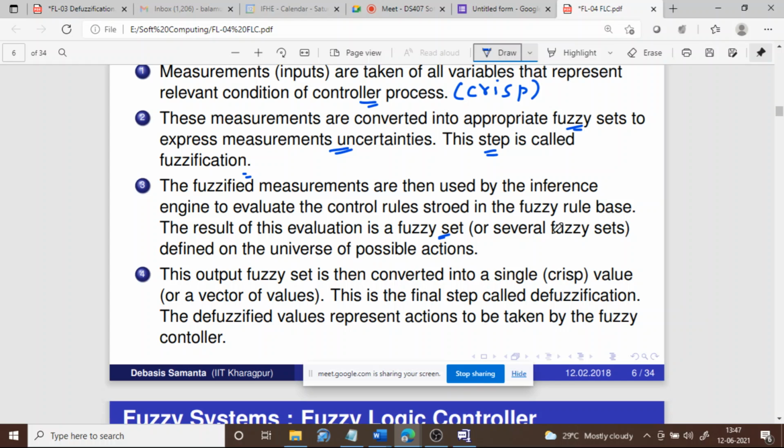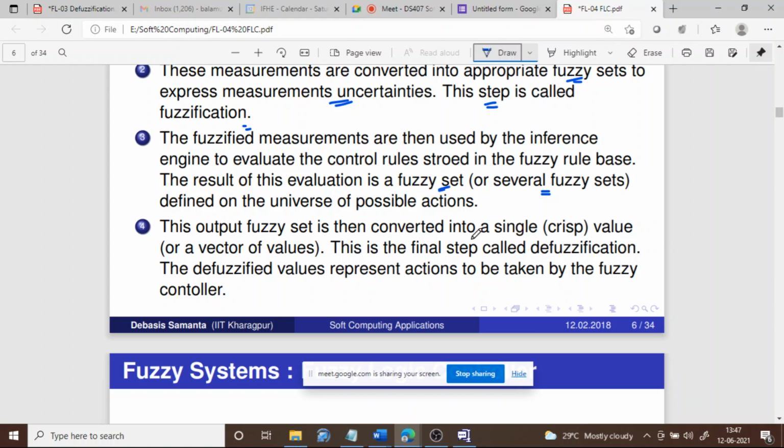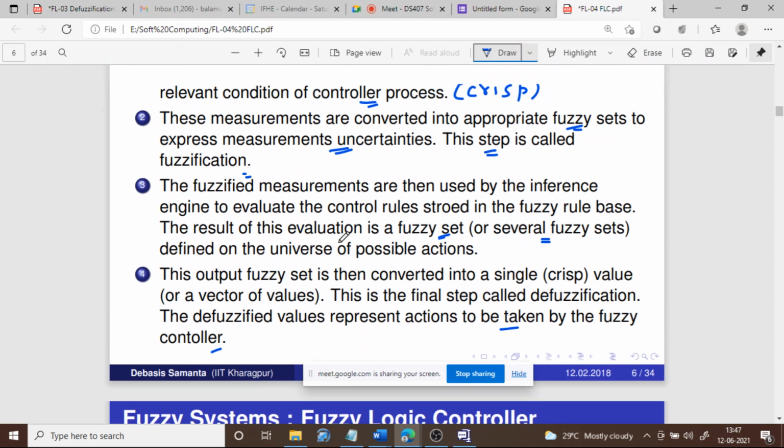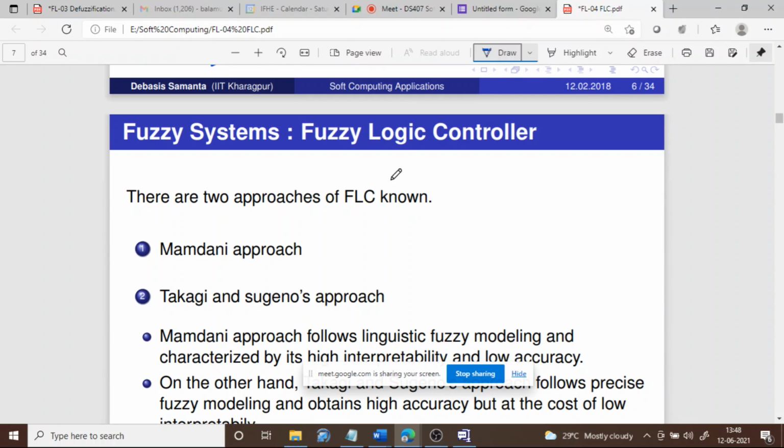It can be either one fuzzy set or several fuzzy sets. This fuzzy output is then converted to a crisp value by the defuzzification module. These defuzzified values represent actions to be taken by the fuzzy controller. So this is how the fuzzy logic controller works.